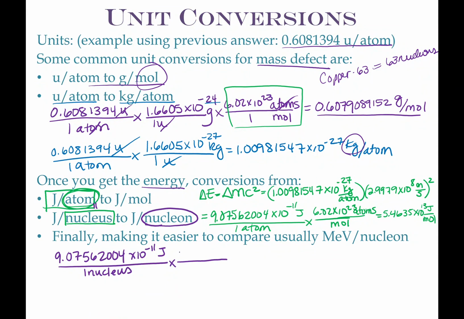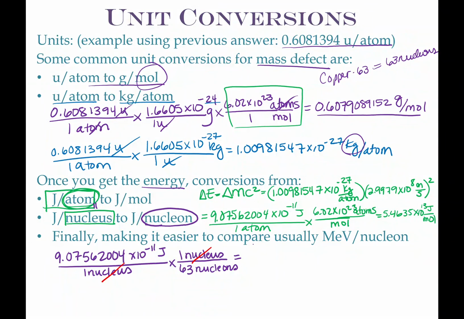And for every one nucleus, there are 63 nucleons, right? So I have to retype that in there: 9.07562004 times 10 to the negative 11th divided by 63 gives us joules per nucleon.